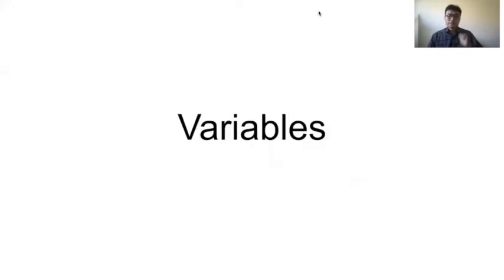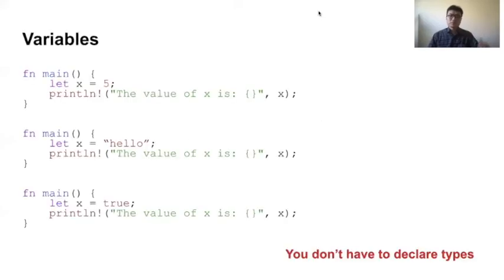Okay, so let's look at variables. How do we write a variable in Rust? This is one example, and you can see the first benefit of using Rust: you don't need to say this x is an integer, or that this is a character array or string, or a Boolean.